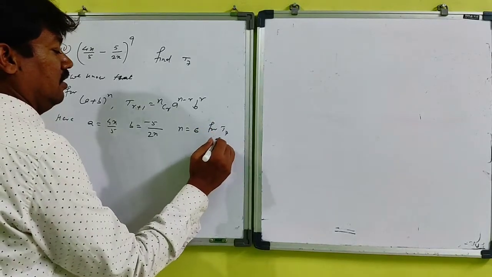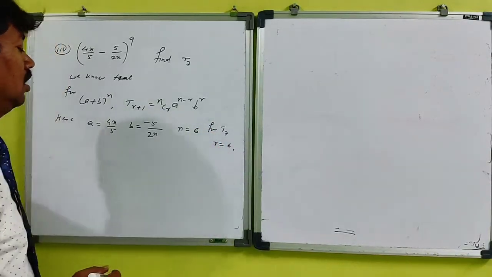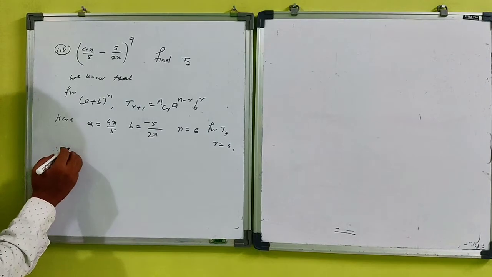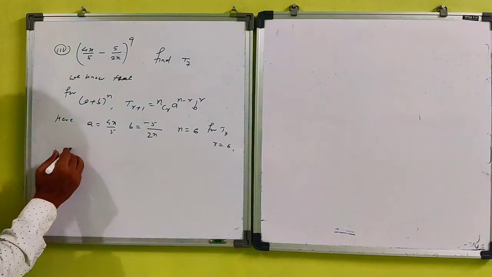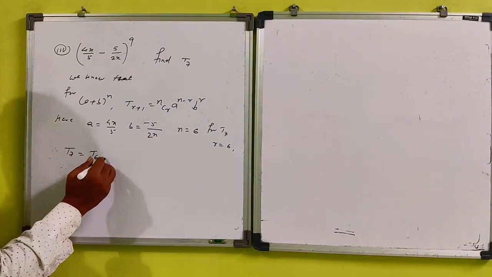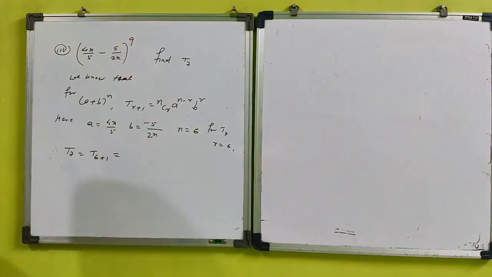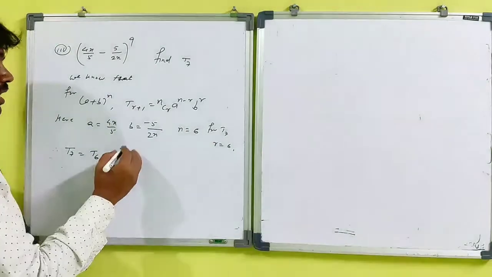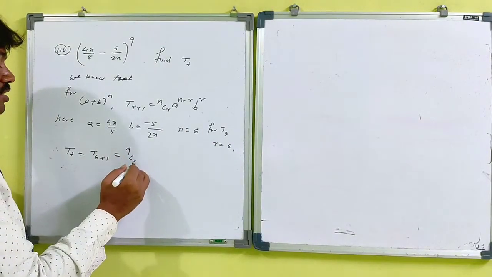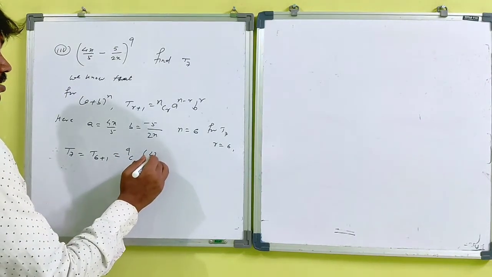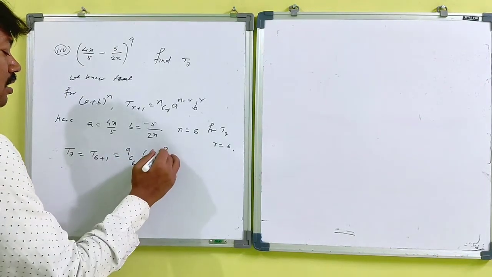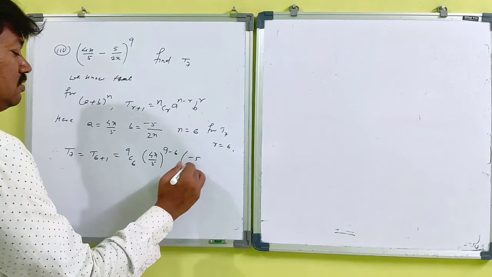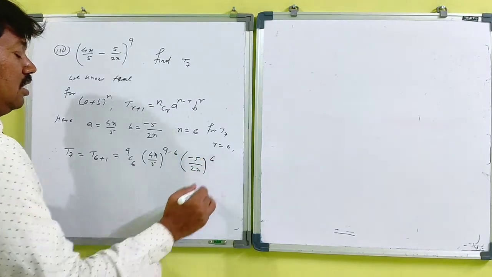For T7, r should be equal to 6. Now using this, T7 is nothing but T(6+1). So it is 9C6 (4x upon 5) raised to (9 minus 6) (minus 5 upon 2x) raised to 6.